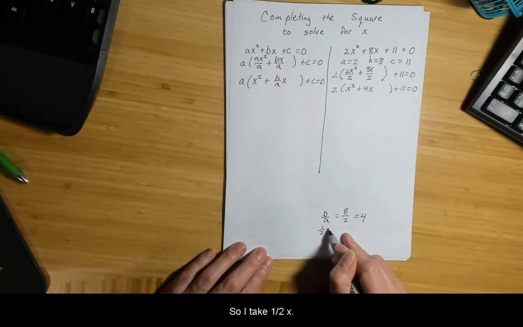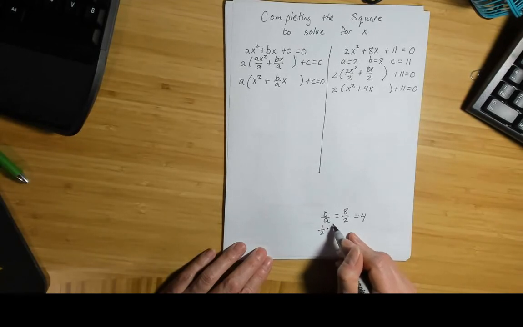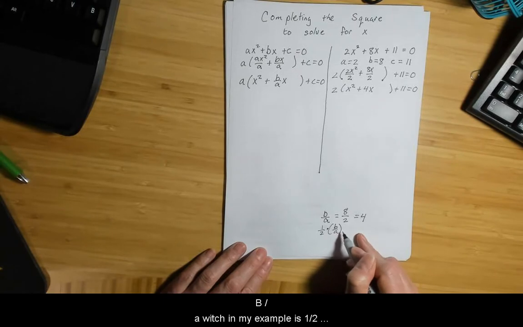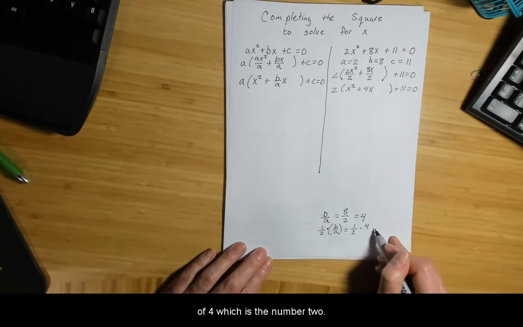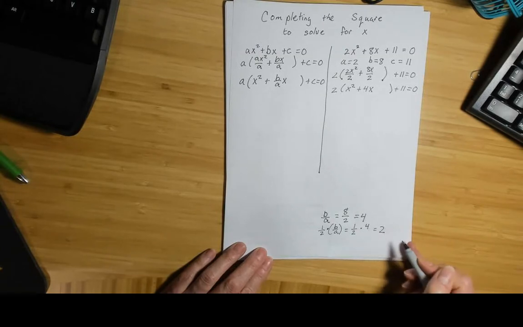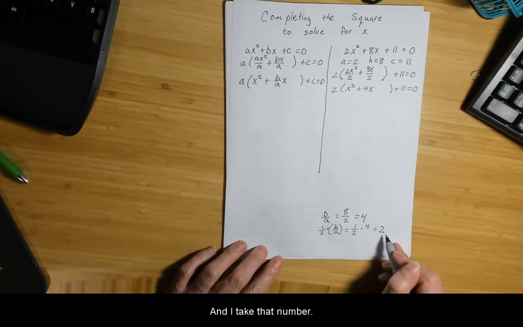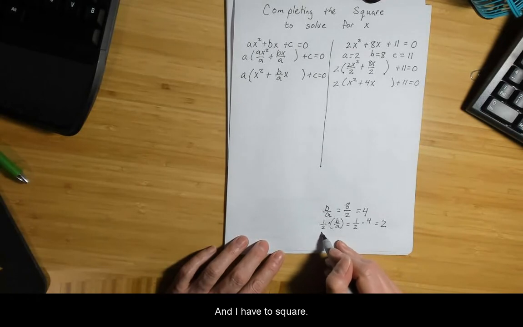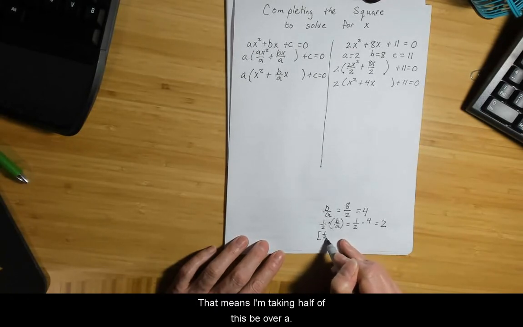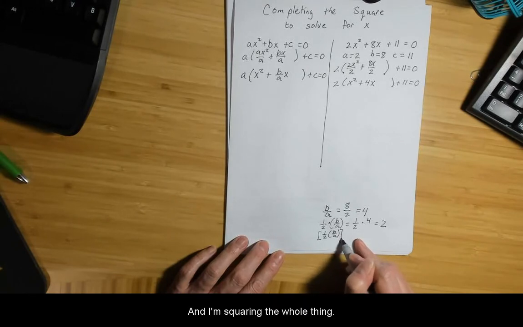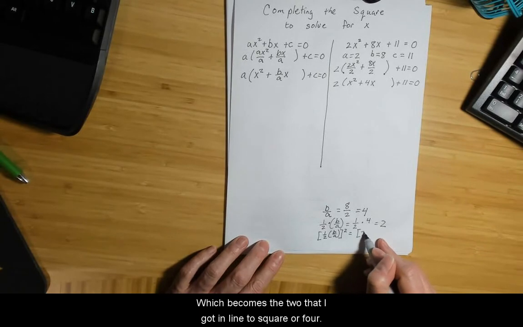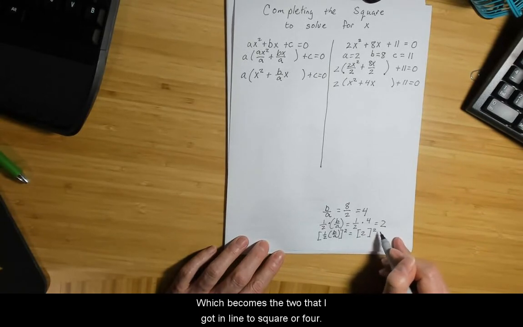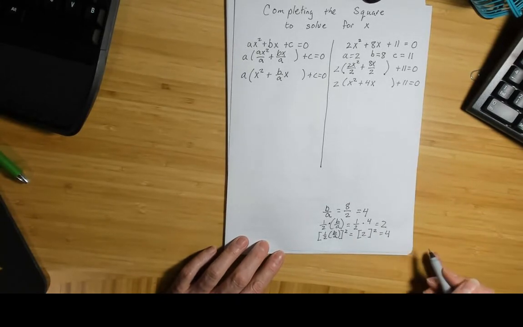So I take 1/2 times b divided by a, which in my example is 1/2 of 4, which is the number 2. Then I take that number and I have to square it. That means I'm taking half of this b over a and I'm squaring the whole thing, which becomes the 2 that I got in line 2 squared, or 4.